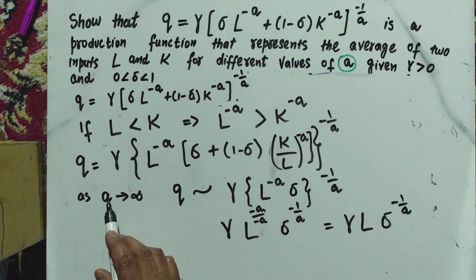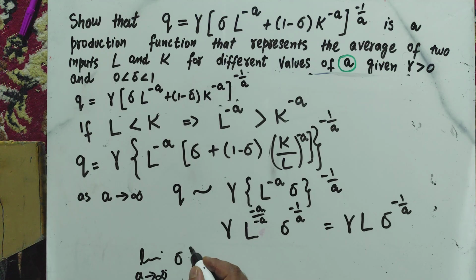If a approaches infinity here, what will happen to this delta? Let me write it here: the limit as a approaches infinity of delta raised to the power negative 1 upon a.